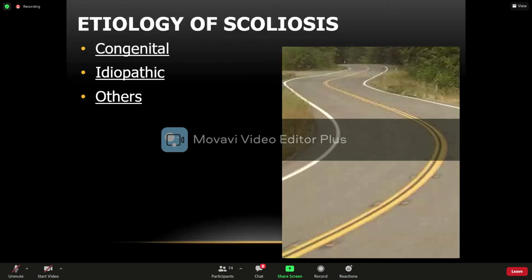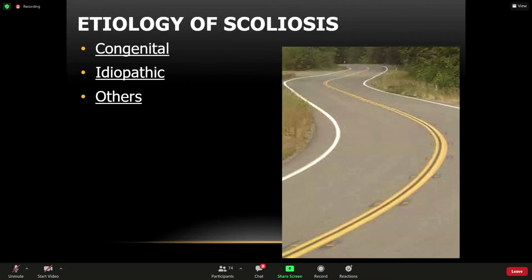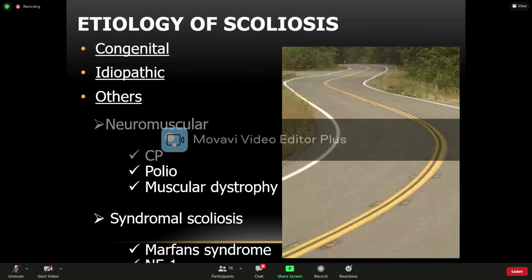Now, coming to the etiology of scoliosis, they can be broadly divided into three different types: a congenital scoliosis, an idiopathic scoliosis, and others. In others, you have two main groups. You have the children with neuromuscular scoliosis as a result of cerebral palsy or poliomyelitis or muscular dystrophies.